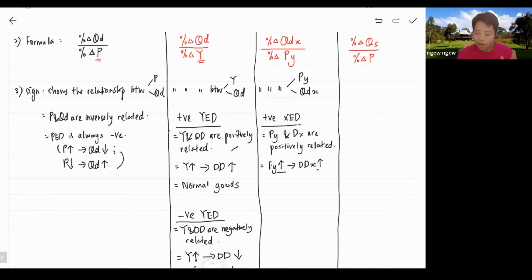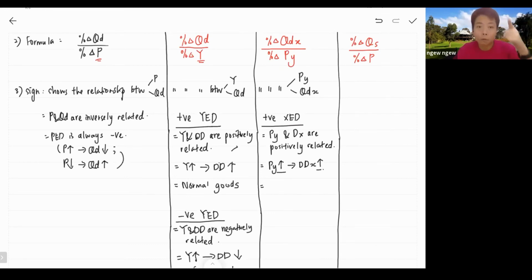Then from here, you need to judge whether these two products have a substitute relationship or complement relationship. Then you get two pairs of products and slot them in. For example, when price of petrol rises, demand for cars rises.